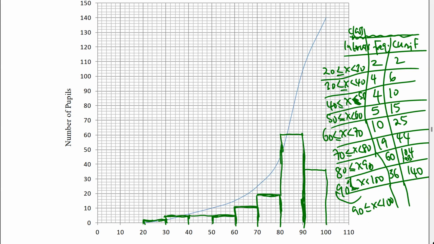Okay, we get this. So this is sort of the graph, the histogram. Okay, sort of the idea.